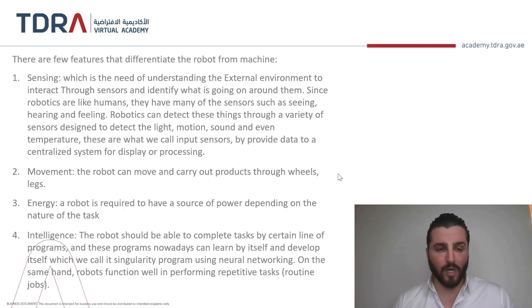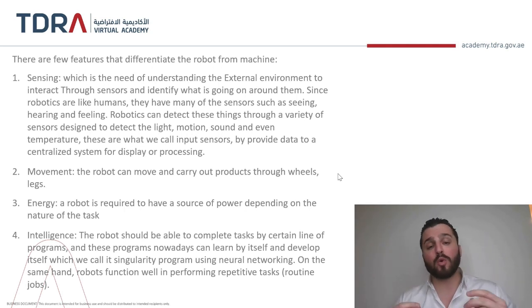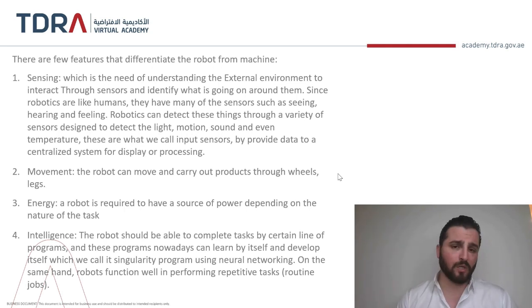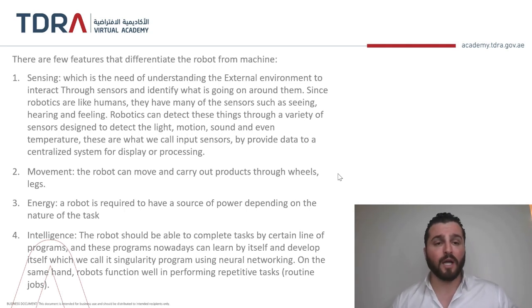So, in order to have sensing, we will need to understand the external environment to interact with it through sensors that will be placed into the body of the robot, and it will take us to a level of human sensing of the external environment.